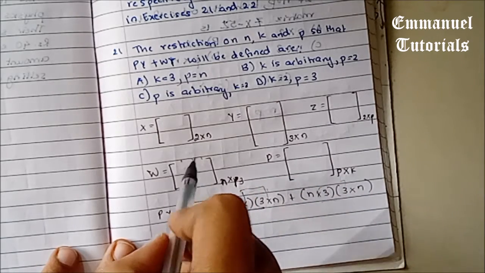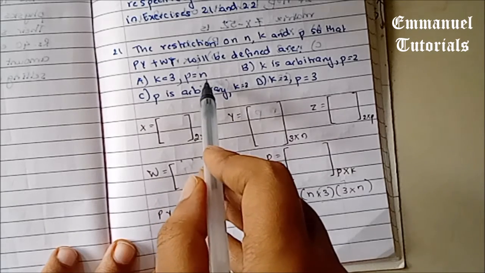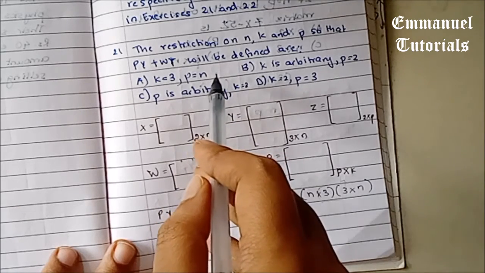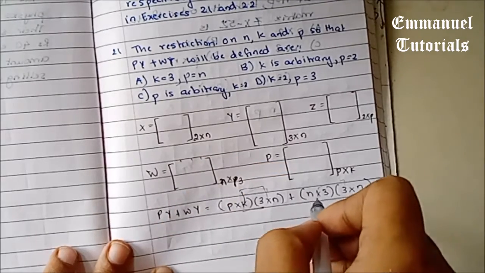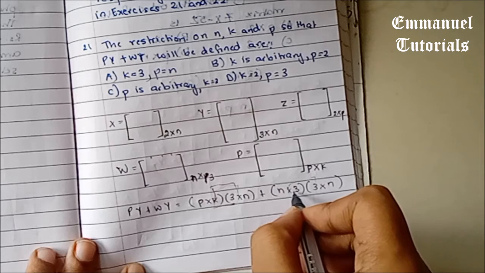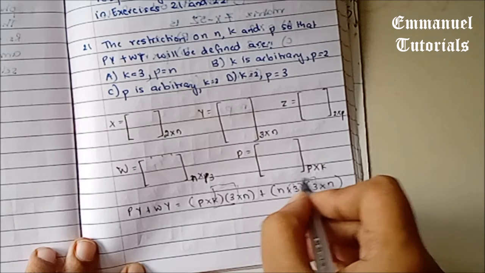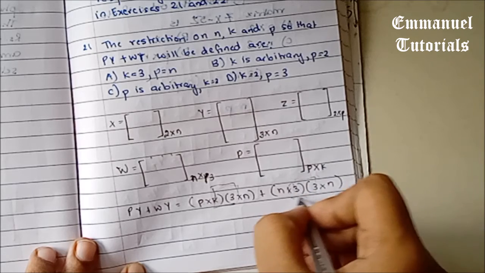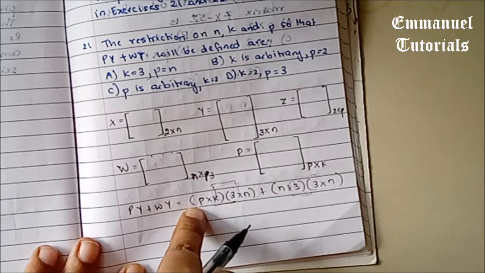Now you can see that this is possible in options A and C. Now the next question is whether p is equal to n or p is arbitrary. For the second matrix multiplication, you need the number of columns equal to the number of rows, which is already there. So these two matrices are already multipliable. So p can be of any value.